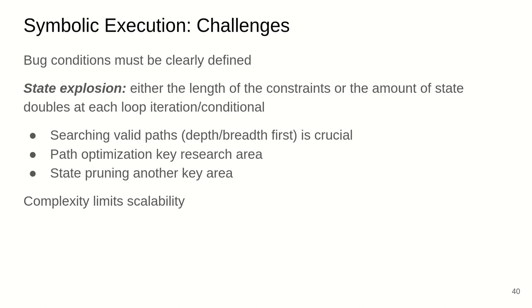Whenever you execute a loop, each loop iteration just doubles the length of the constraints that you're collecting through the program, or it doubles the amount of the paths that you'll have to evaluate, right? So you have this inherent trade-off between making the formula more complex or increasing the number of paths that you have to evaluate. So searching valid paths is crucial. Path optimization and state pruning are other key research areas.